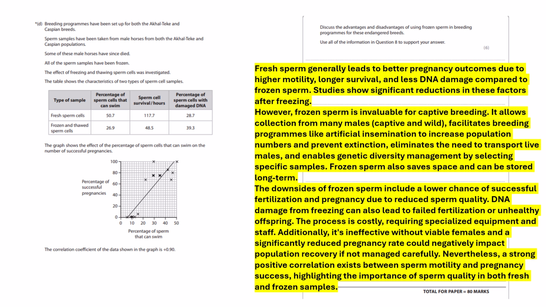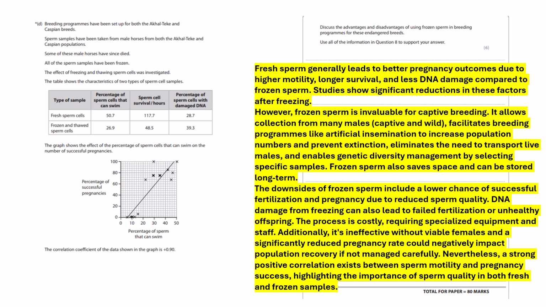The downside of frozen sperm includes a lower chance of successful fertilization and pregnancy due to reduced sperm quality. DNA damage from freezing can also lead to failed fertilization or unhealthy offspring. The process is costly, requiring specialized equipment and staff.